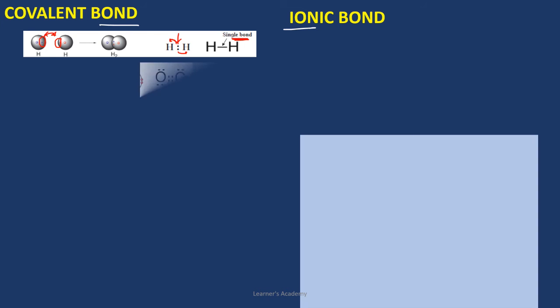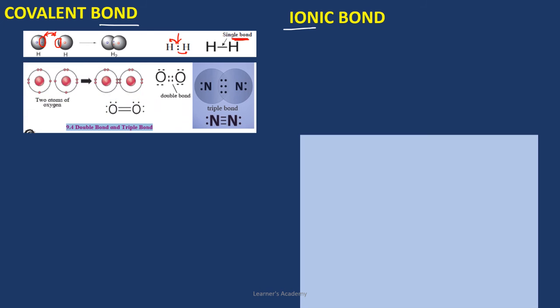Now let me show you the second picture. Here you can see two oxygen atoms, and you know that an oxygen atom has 6 electrons in the outermost shell. What is the atomic number of oxygen? It is 8, so the innermost shell has 2 and the outermost has 6 electrons. So how many does it need?